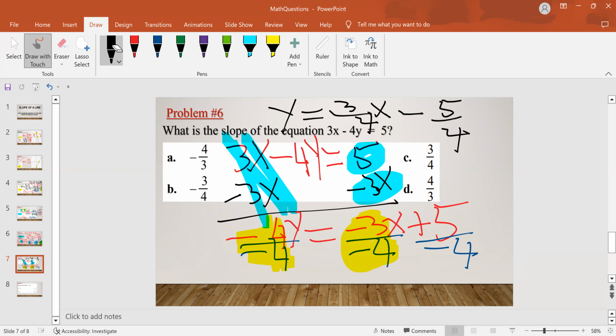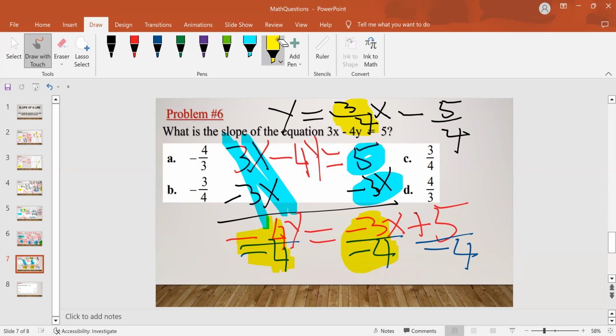Because positive 5 over negative 4 changes to negative. But anyway, what we are looking for is this fraction, 3 over 4, which is the slope. Therefore, the best choice is C, 3 over 4. Yet it's very important to do all of this because we need the form y equals mx plus b before we get the slope, which is the number in front of the x.